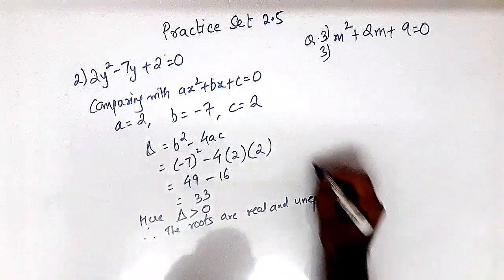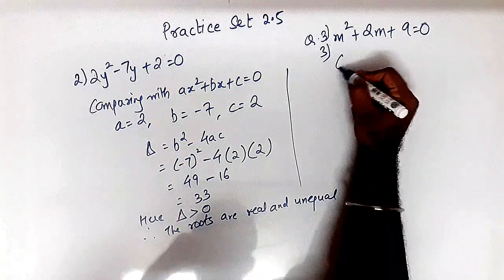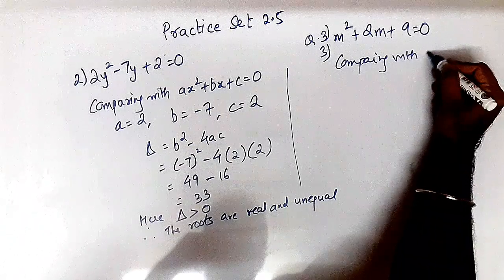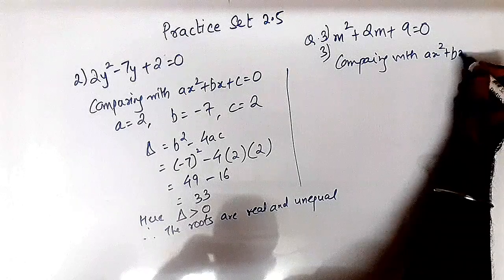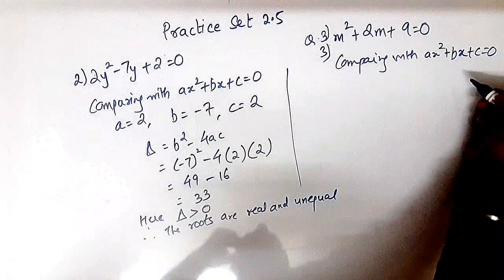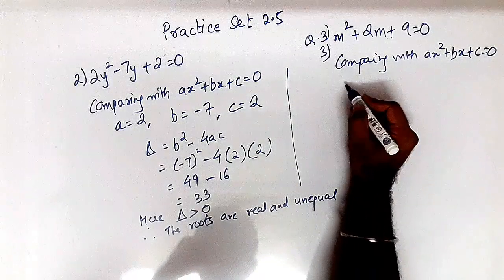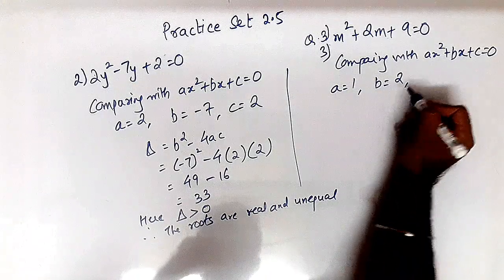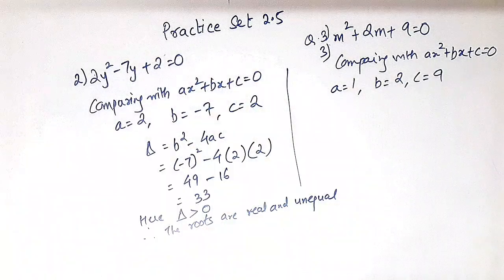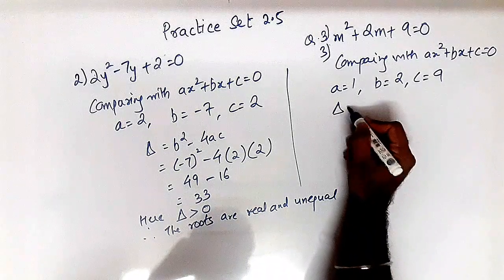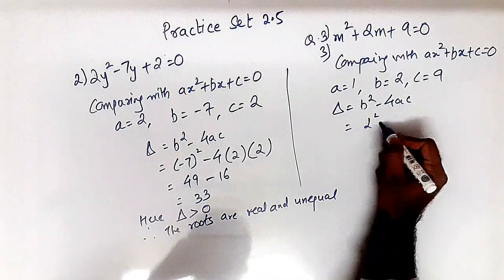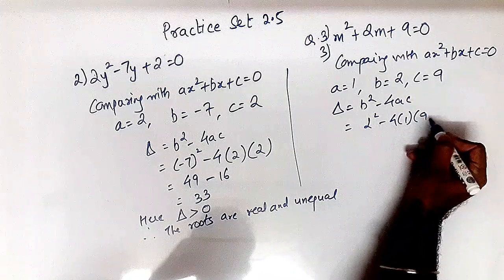And let us see the third one, comparing with ax square plus bx plus c equals to 0, we are getting a equals to 1, b equals to 2, c equals to 9. So here value of discriminant is b square minus 4ac, or 2 square minus 4 into 1 into 9.